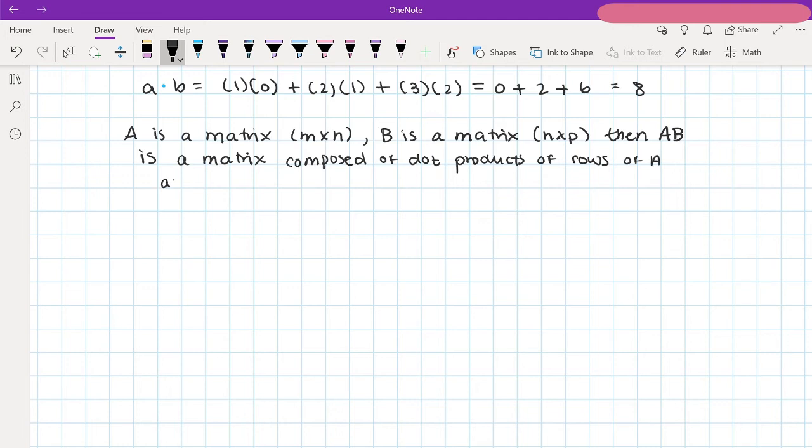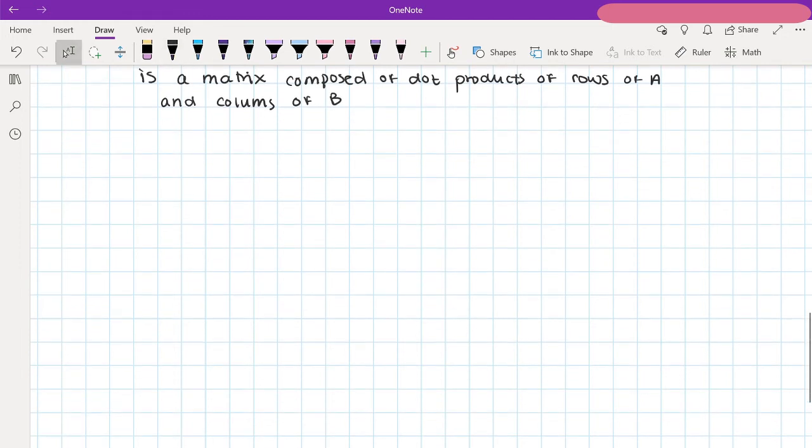So what's important is that the column size of A is equal to the row size of B. So if you have m by n and n by p, the two n's are equal. This would mean that you're going to get an answer of size m by p.